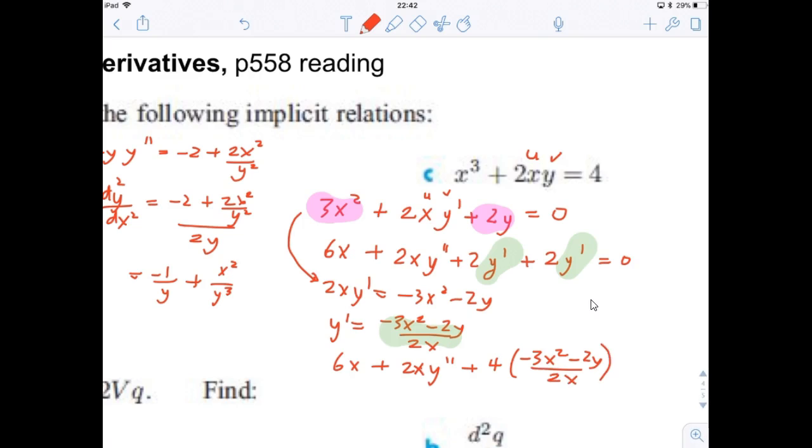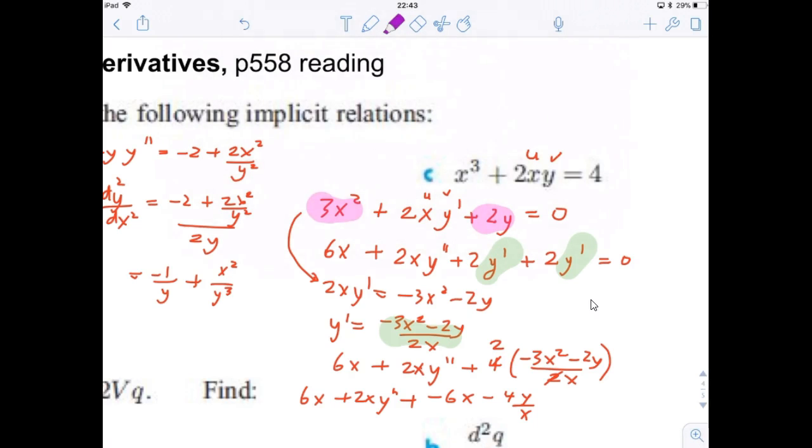And so I can cancel out these, and I'll just leave it with 2, right? So now I'm going to have 6x plus 2x y double dash plus negative 6x minus 4y divided by x.